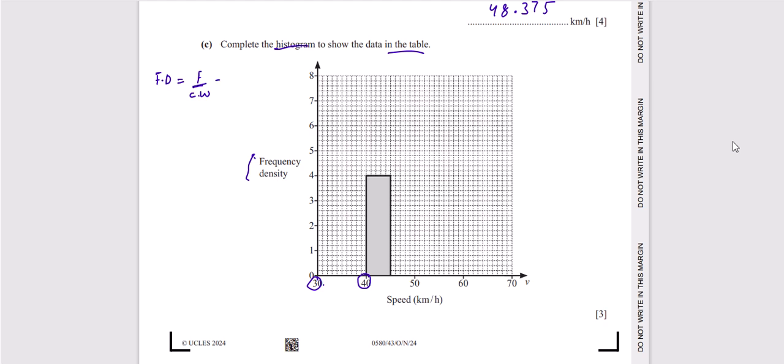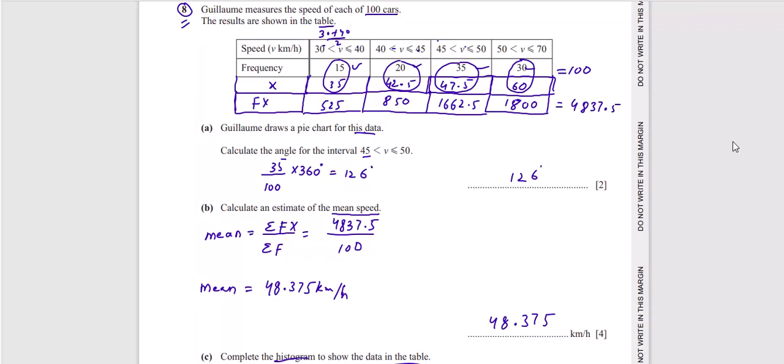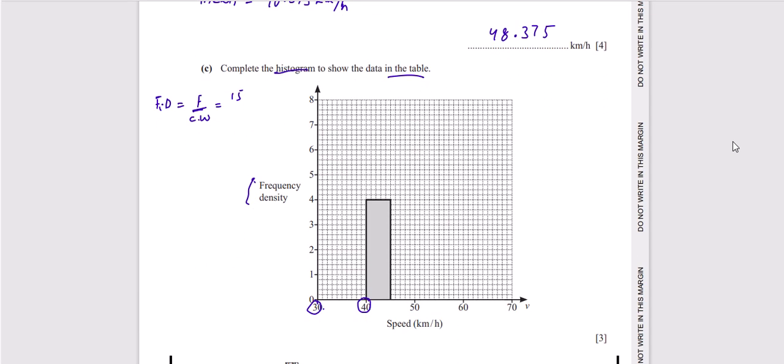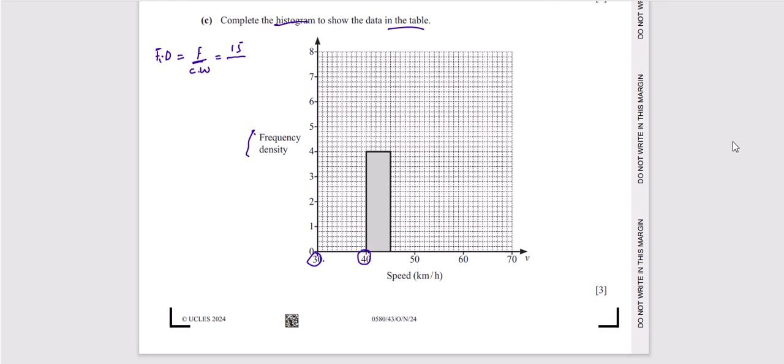So this one is the first interval, put here 1. The frequency of the first interval is 15, that is equal to 15 divided with class width. How do we find class width?